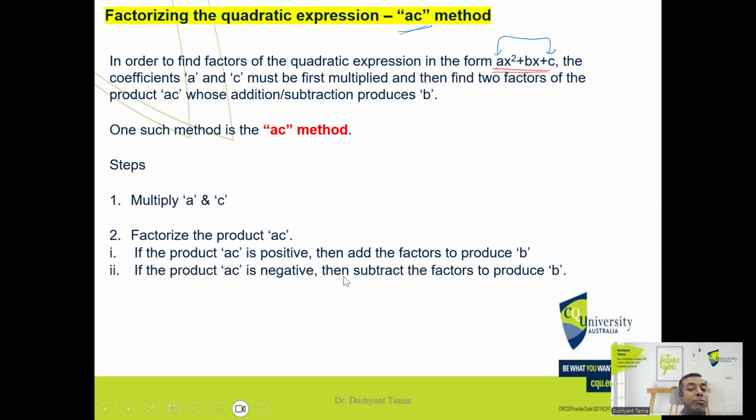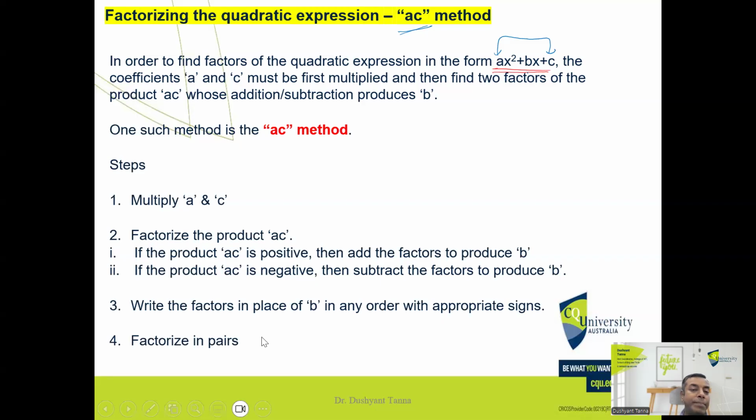But if the product is negative, you subtract the factors to achieve your B. Write the factor in place of B in any order with appropriate sign and factorize in pairs. I would say stop the recording here, take a screenshot, keep it handy, or take a photo from your mobile phone as we practice along.